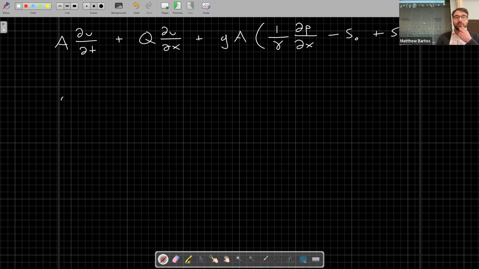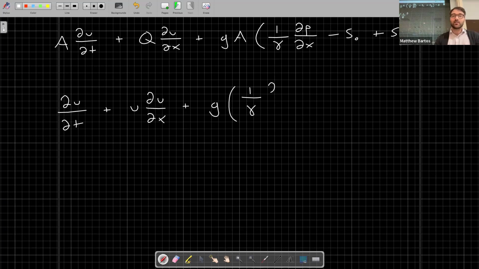If we do that, we get du/dt plus, what does this term become here when we divide by the cross-sectional area? Right, so this becomes u. We'll use u in this class instead of v because v we'll be using for other things. So this becomes the velocity times du/dx. And then this term just becomes g times the quantity inside here, which remains the same. So 1 over the specific weight times dp/dx minus the bottom slope plus the friction slope is equal to 0.